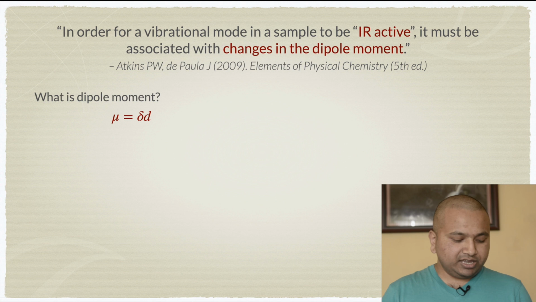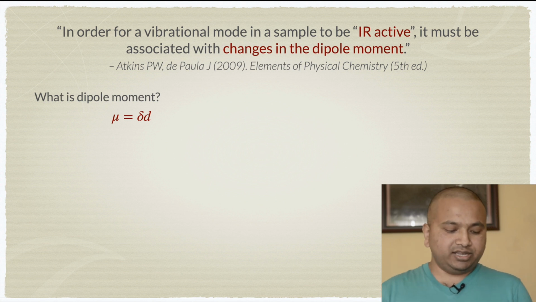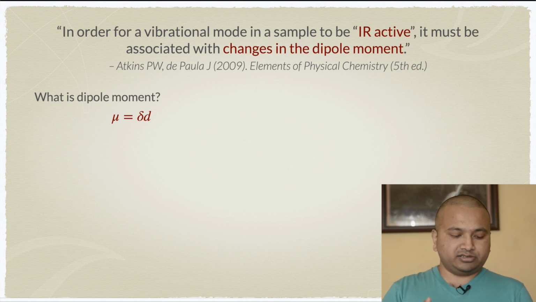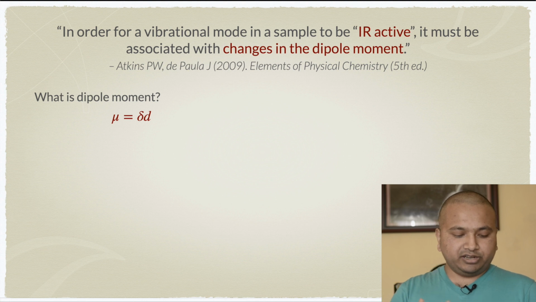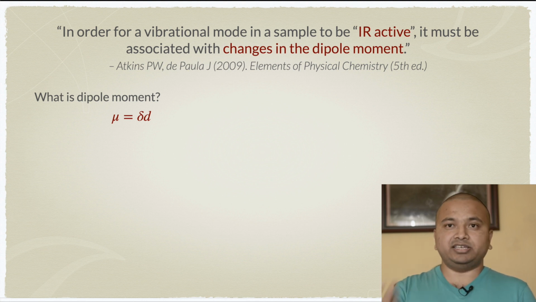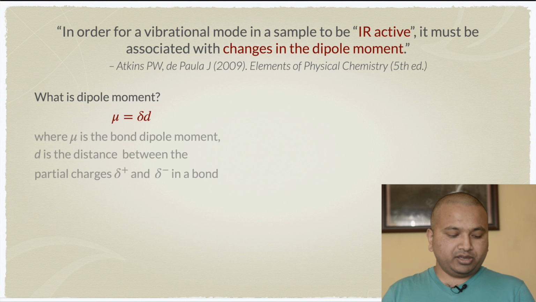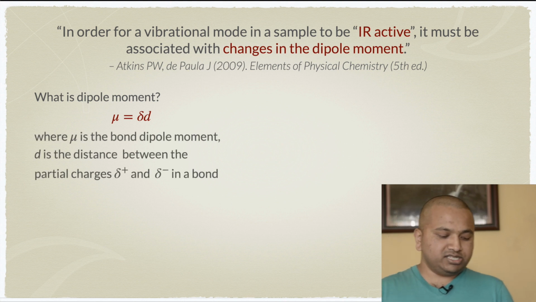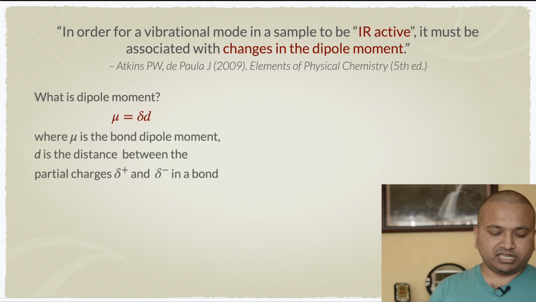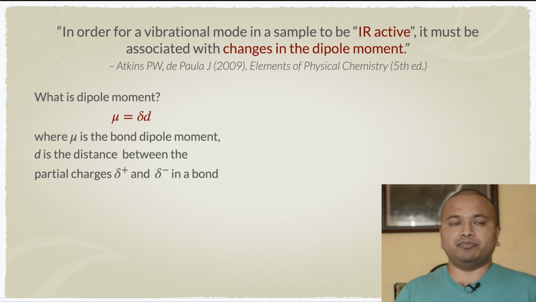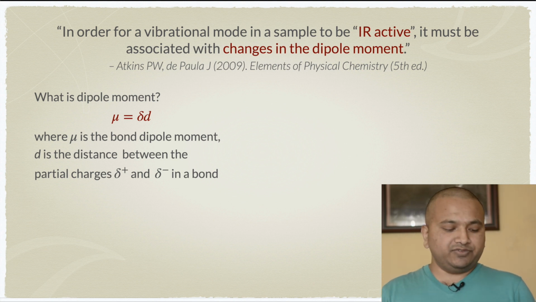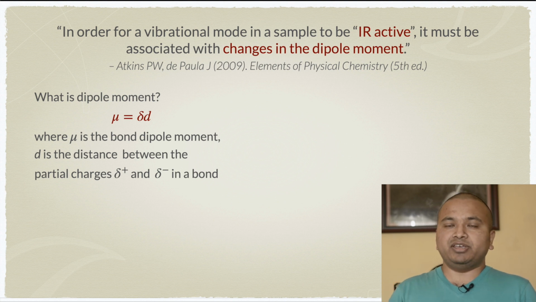It is mathematically given by mu equals delta d. Now, delta here does not mean change. Delta here is the charge. So mu is the bond dipole moment, and d is the distance between the partial charges. If in a particular bond the electronegativity of the two atoms is different, then the bond will be polarized.